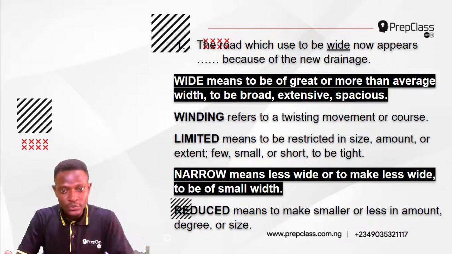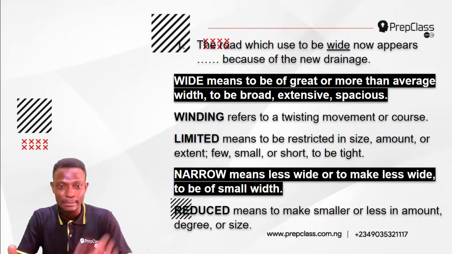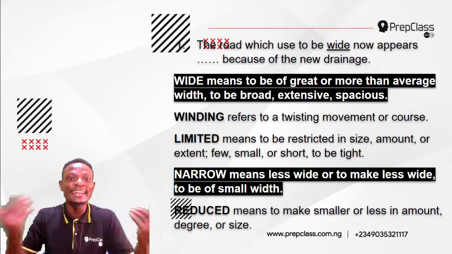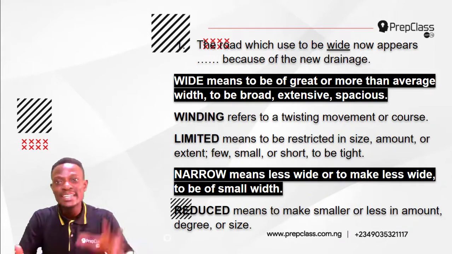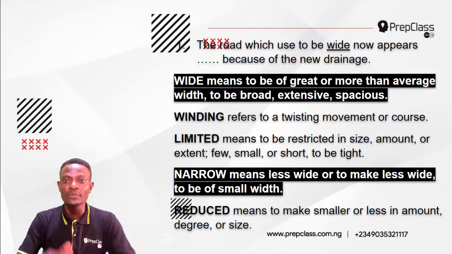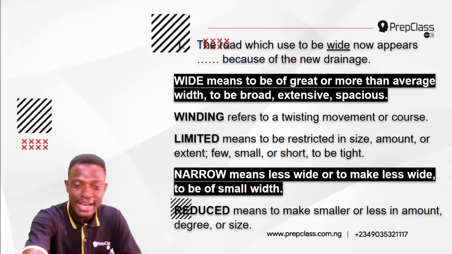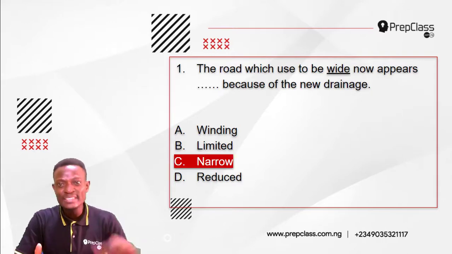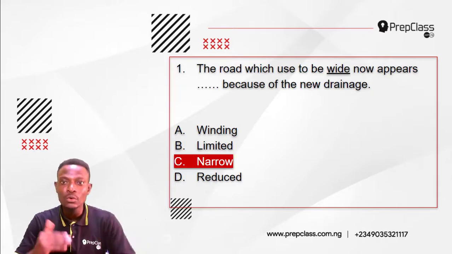It is not reduced. Reduced means to make smaller or less in amount, degree or size. The road could not be made smaller. It could only be made narrow. It could appear narrow. So the road which used to be wide now appears narrow because of the new drainage. So the answer to this question is option C. Narrow is the most nearly opposite in meaning to wide.